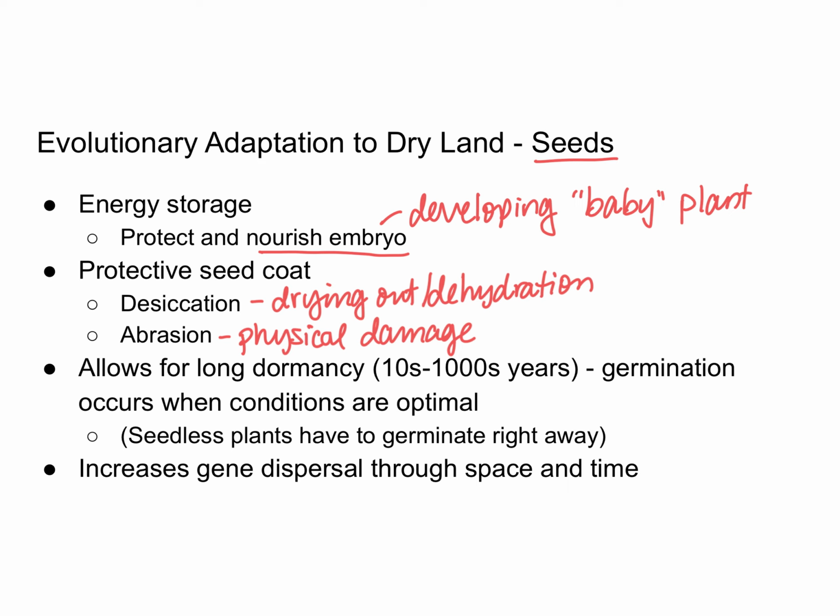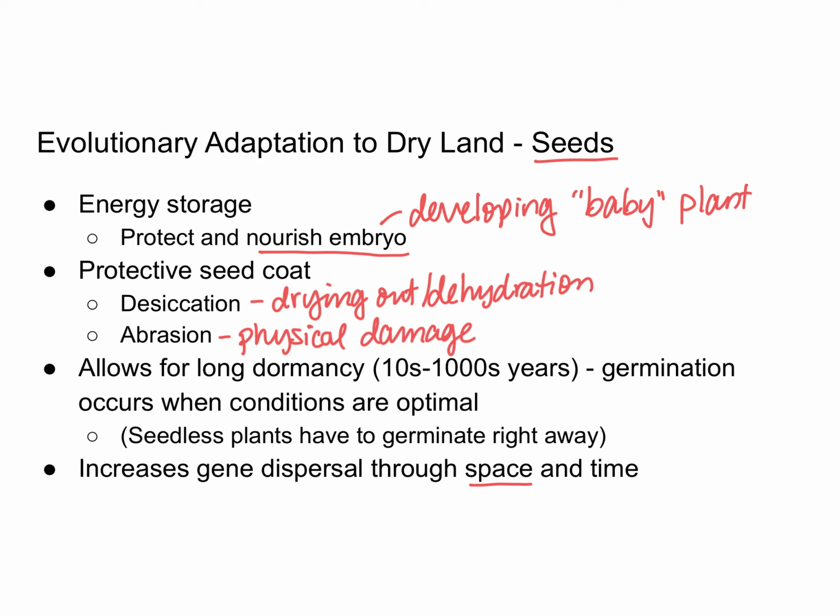So overall, seeds help to increase gene dispersal through space and time. With space, this is just due to seeds being able to be carried to different parts of the environment. Some of them can float, some can be carried in the air by wind. Others might hitch a ride on an animal's fur. Some seeds actually hitch a ride in an animal's digestive tract.